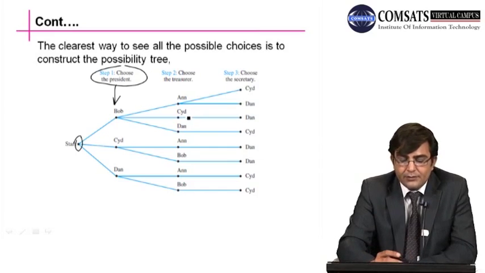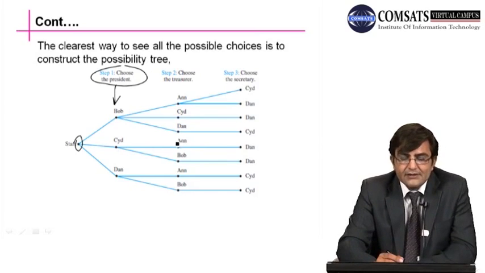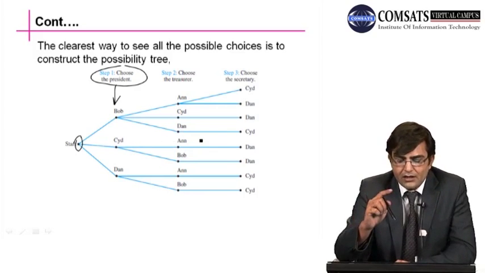If Sid is the president, then there are two possibilities for a treasurer, because if Sid is chosen as a treasurer, then we cannot choose Dan as a treasurer, because one of Sid or Dan must be the secretary.